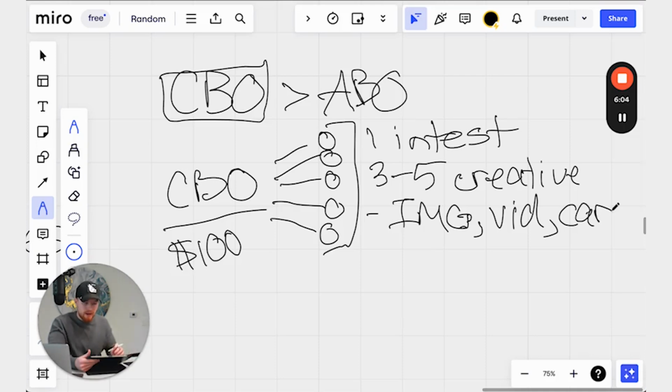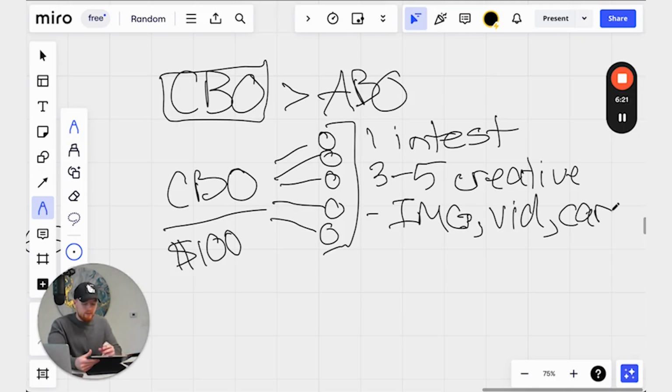So what I mean by that is if you're running images and videos, there's different people on the platform that react differently to images over videos, or videos over images, or videos over carousels, for example, right? So separating those is going to give you more efficiency when you're testing your different creatives.